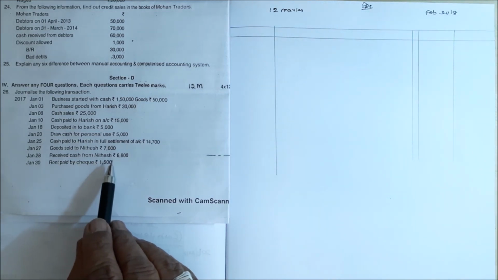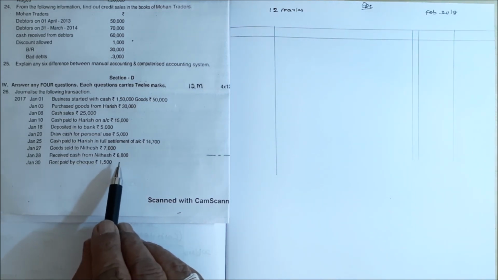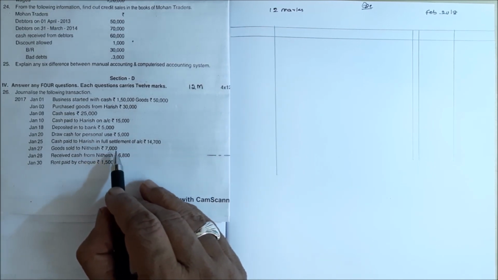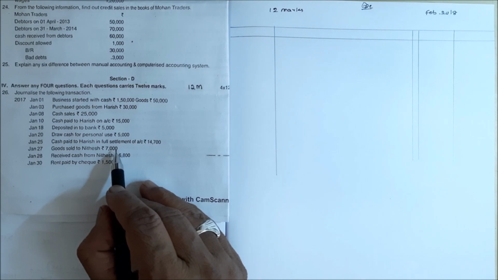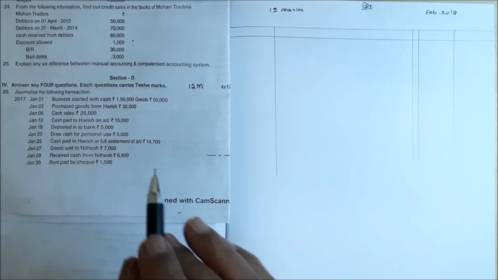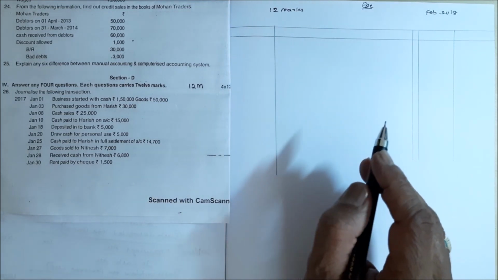Next one, 28th. Received cash from Nitesh, 6,800. We have sold him 7,000, but he is giving 6,800. It is implied that we are giving him a discount of rupees 200.